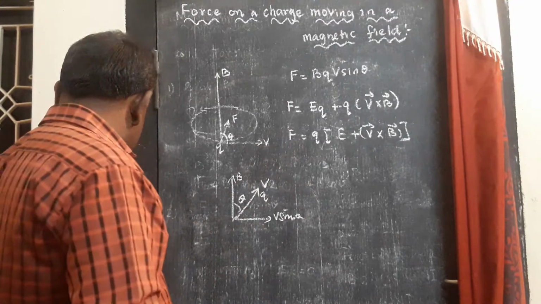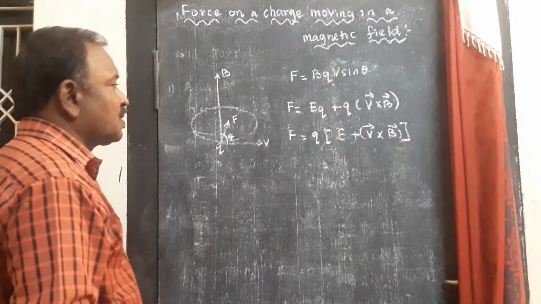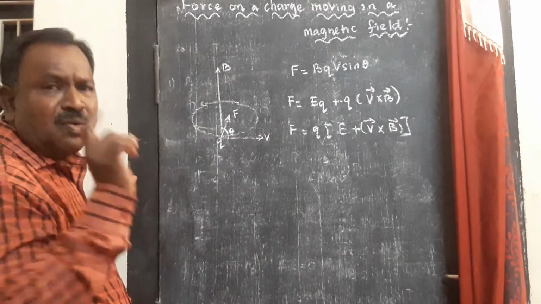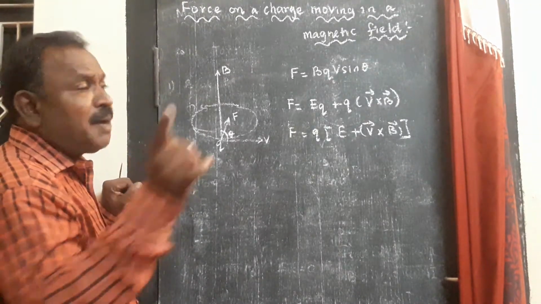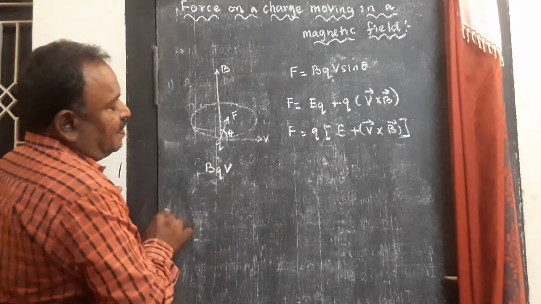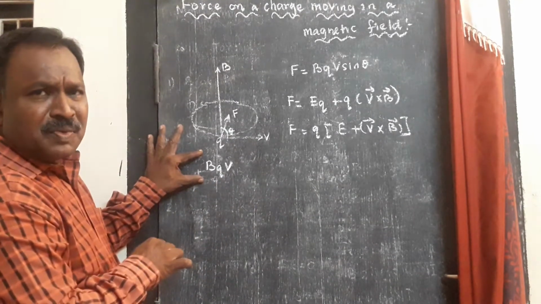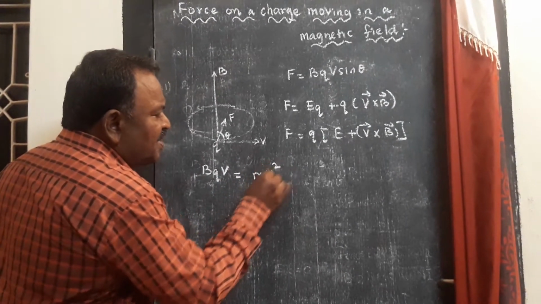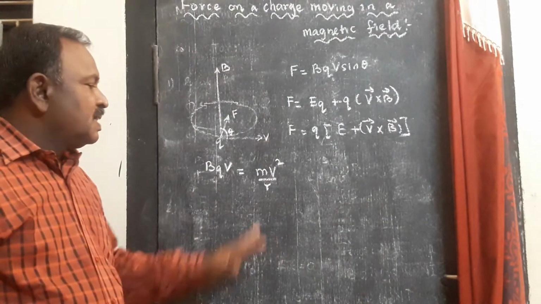As we saw earlier, due to this magnetic Lorentz force, the charged particle has circular motion. The necessary centripetal force is provided by the magnetic Lorentz force. So, BQV is the magnitude of the magnetic Lorentz force. This BQV is equal to mv²/r, where mv²/r is the centripetal force.